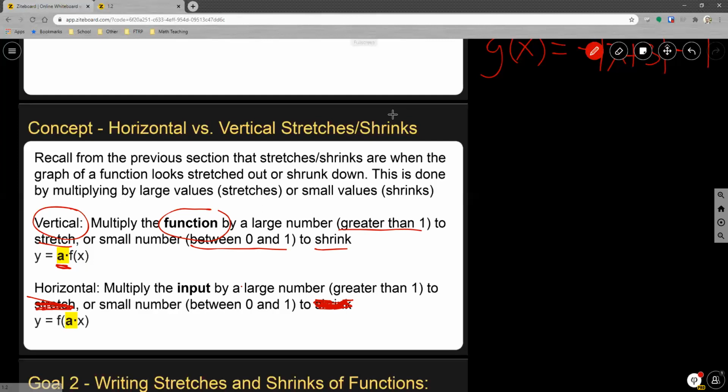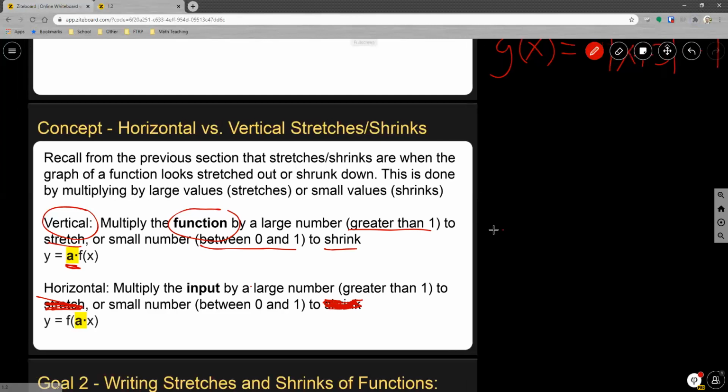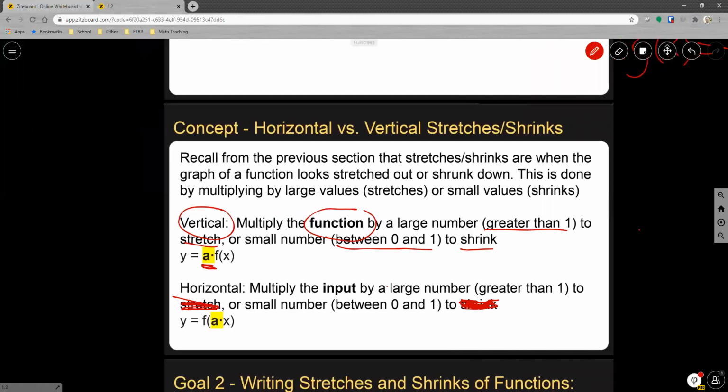For a horizontal stretch or shrink, I can multiply the input by a large number, greater than 1, to not stretch it, but in this case, to shrink it. So large numbers will cause a shrink, and small numbers will cause a stretch. It's backwards from how you feel it would normally work.